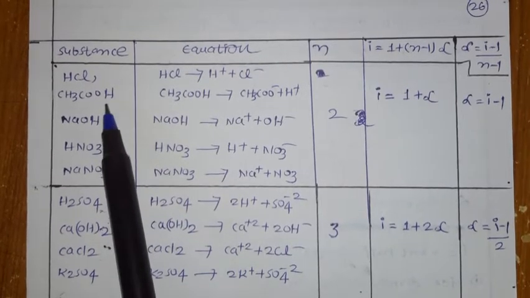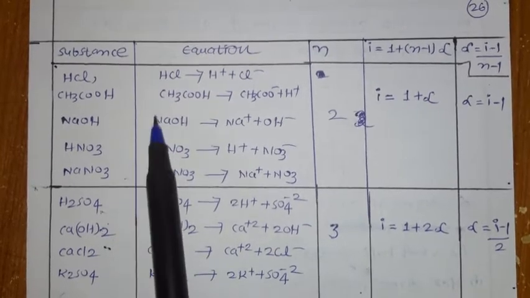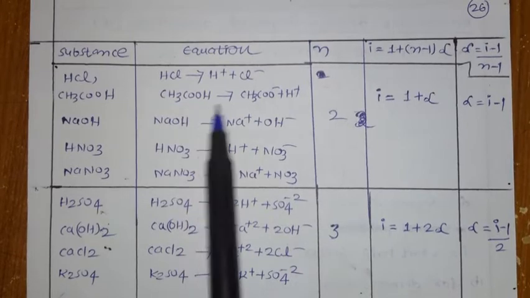Let us see the example here. We have HCl, acetic acid, sodium hydroxide, HNO3, NaNO3. All of these dissociate: HCl as H+ and Cl-, acetic acid into acetate and H+.